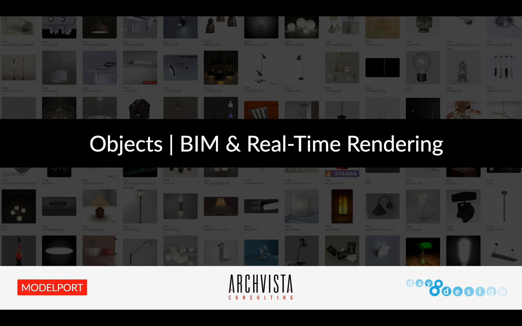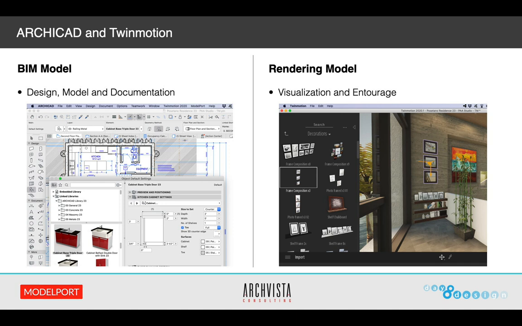So I'll start with just an overview of objects in relationship to BIM and real-time rendering. When you're talking about ARCHICAD and Twinmotion, you're really talking on the one side about the BIM model and on the other side about a rendering model.